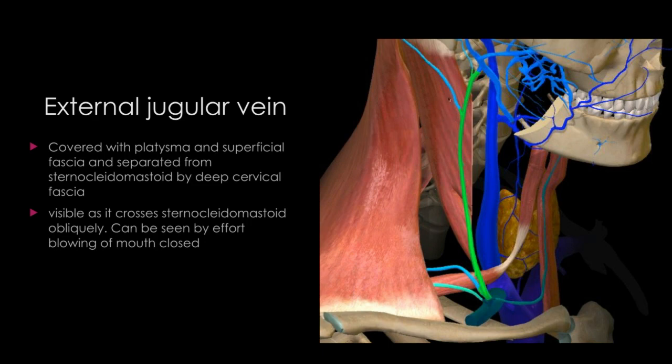This is the sternocleidomastoid, this is the cut end of the sternocleidomastoid, this is the trapezius muscle, and you can see the omohyoid here, and the sternohyoid here. So it crosses the sternocleidomastoid obliquely, and it can be seen very prominently when you do a Valsalva maneuver.